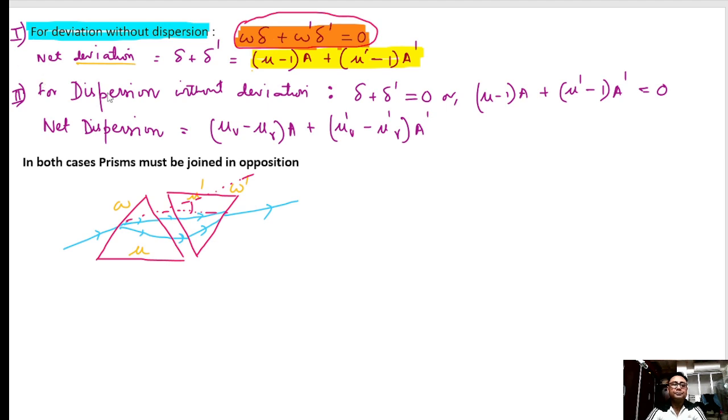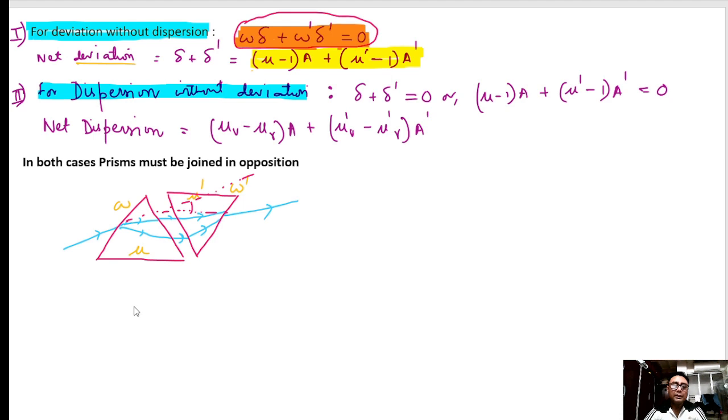Second, we will do dispersion without deviation. That means now deviation will not be there, but dispersion will be there.